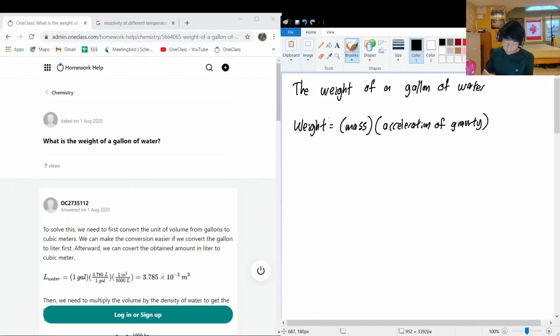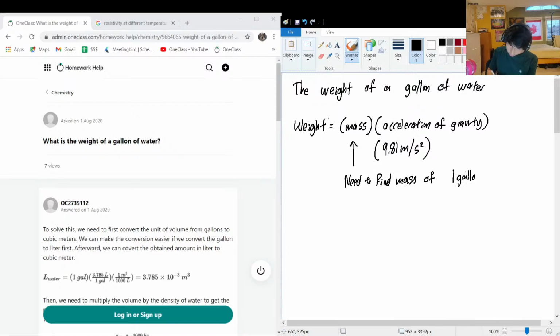And we know that the acceleration of gravity is 9.81 meters per second squared. That's here in SI, and we're going to need to find the mass. I need to find the mass of 1 gallon of water.